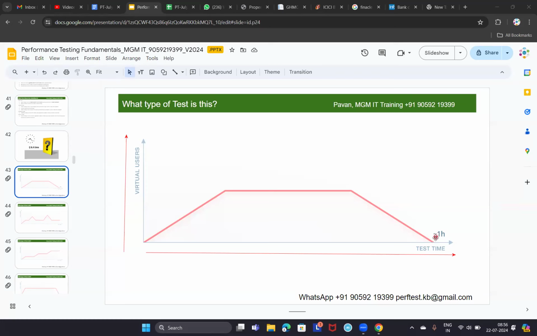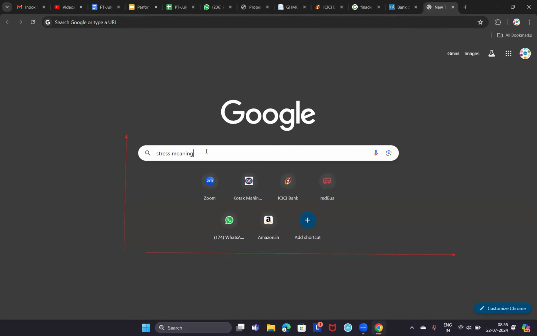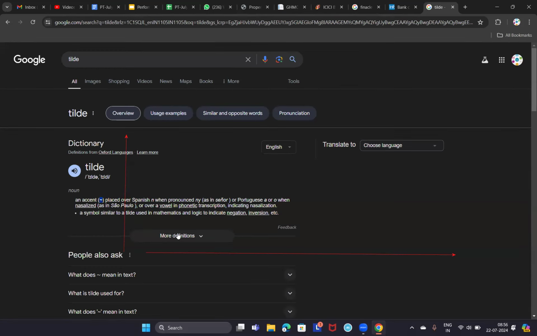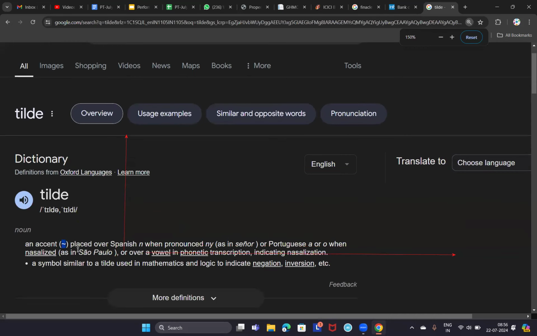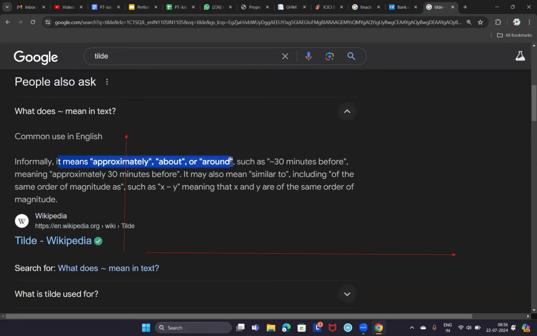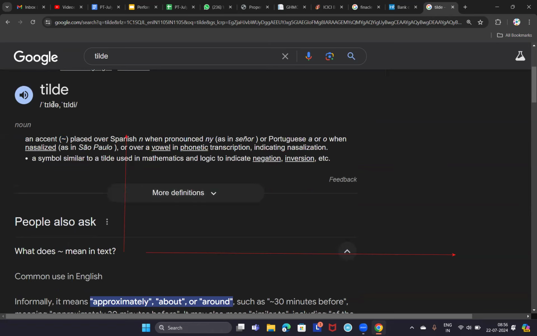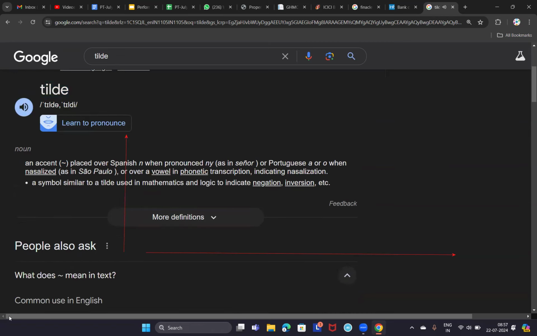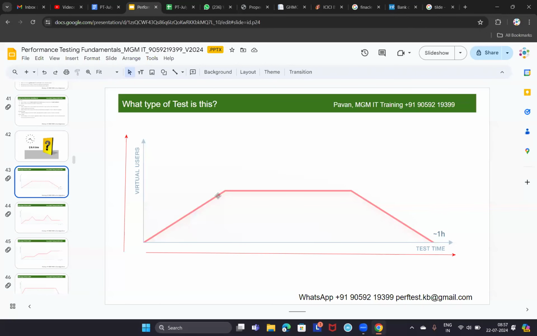The tilde symbol denotes approximate, meaning about or around. You can find it on the keyboard, and it is read as tilde. So this is approximately 1 hour.